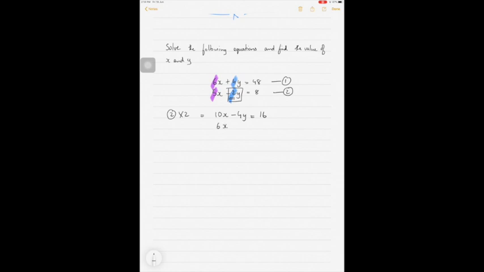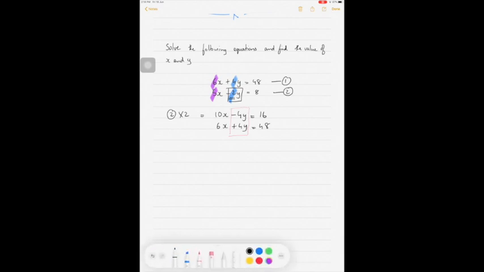Now I'll write my first equation as it is, which is 6x plus 4y is equal to 48. Now you see here, it is minus 4y plus 4y, right? I can cancel it, right? So I'll keep the signs as they are.